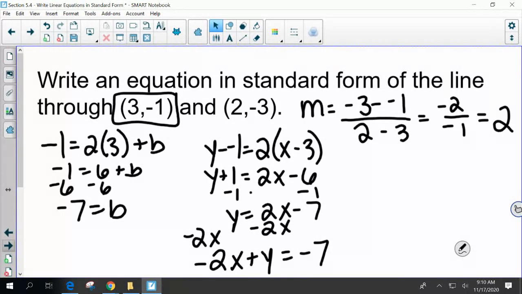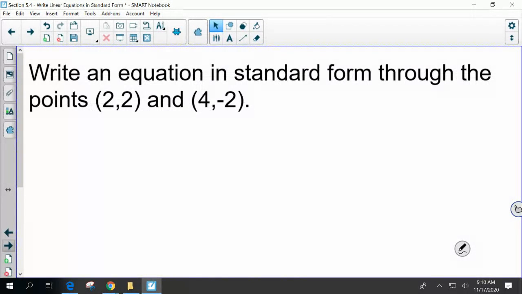Okay, I want you guys to try the next one. So you're going to go through probably the same exact steps.